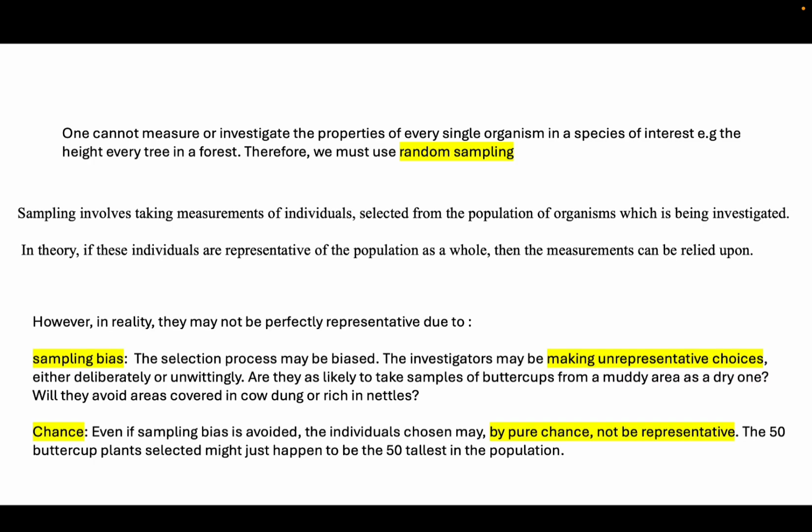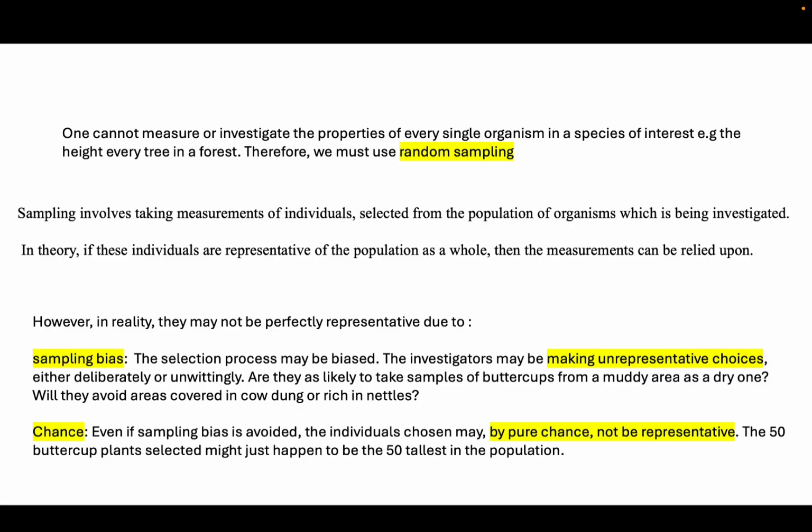But in reality, it's hard for our sample to be perfectly representative because there could be bias. For example, the investigator might make unrepresentative choices, either deliberately or unwittingly. One good example is whether you'd be likely to take samples of buttercups from a muddy area and a dry one, or whether you'd avoid areas covered in cow dung or with lots of nettles.